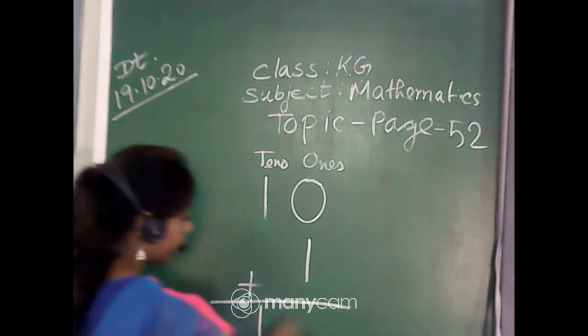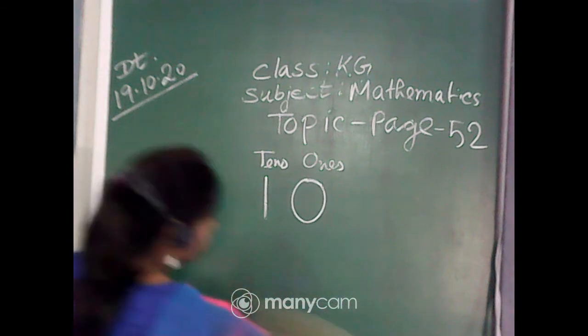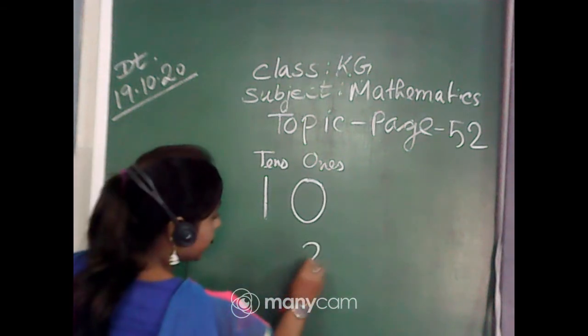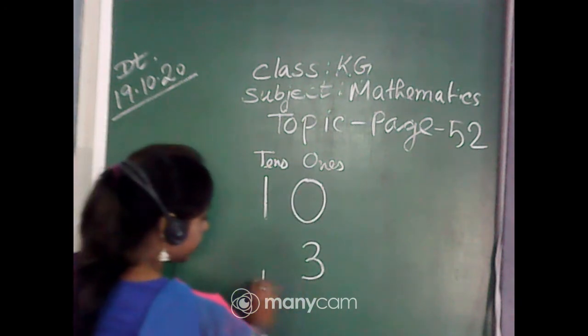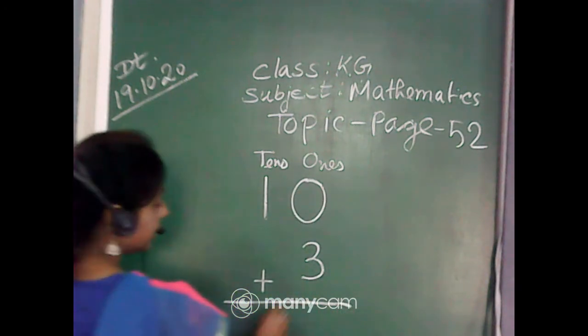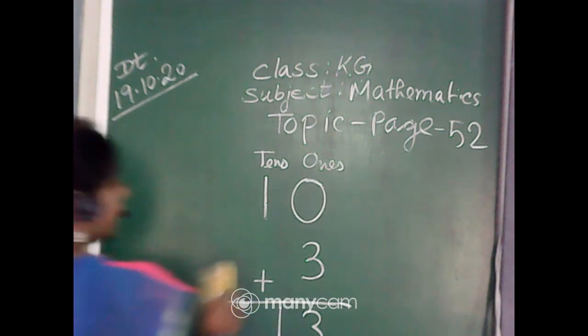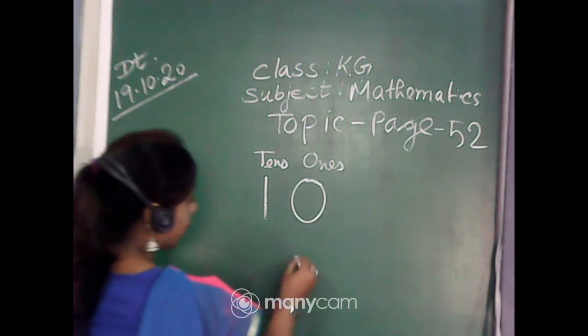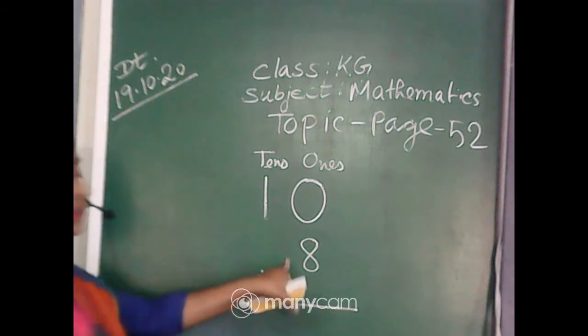Then 11. Okay. If you are adding 3, again 3 is a single digit number, so you should write it in the ones place. Then 10 plus 3 is 13. Then 10 plus 8. Again, 8 is a single digit number.